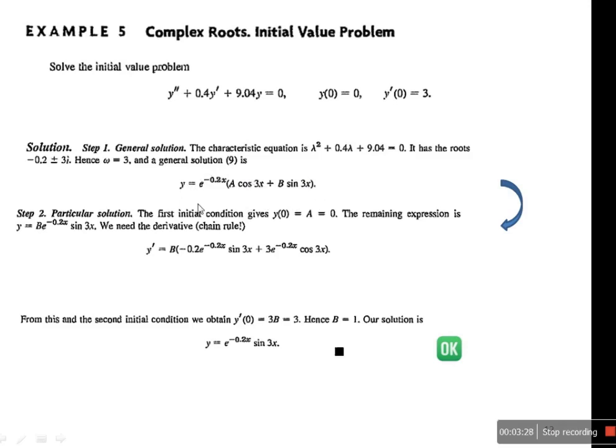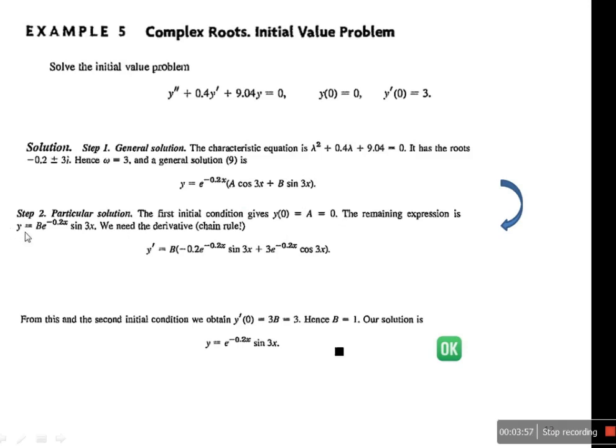Now what about the particular solution? That means getting the constants a and b. First, I will apply the initial condition y at 0 is equal to 0. You can see here a is equal to 0. Now take the first derivative of the solution, when a is equal to 0, do not forget that.